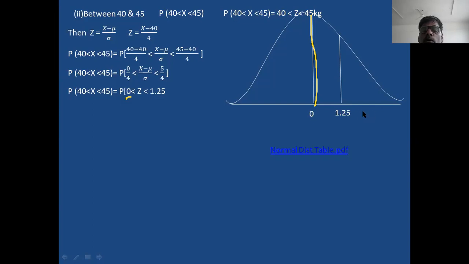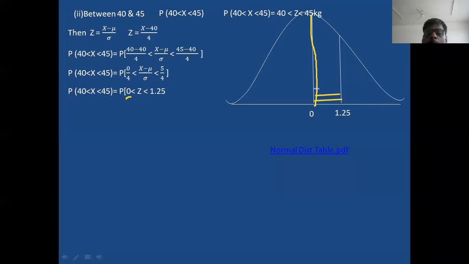First value is 0, second value is 1.25. And your probability of x is in between 0 and 1.25. Your value is in between 0 and 1.25. So 0 to 1.25 area you mark. Here is 0, up to 1.25.